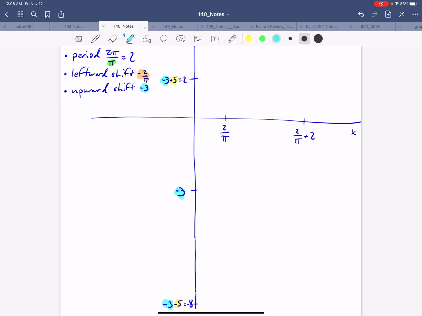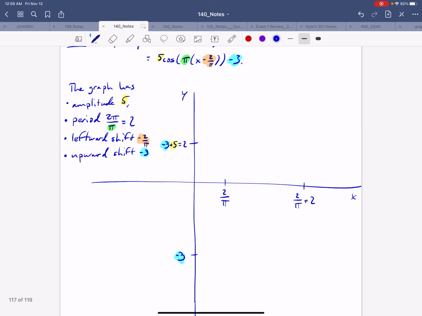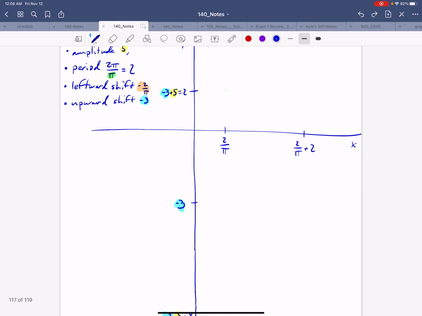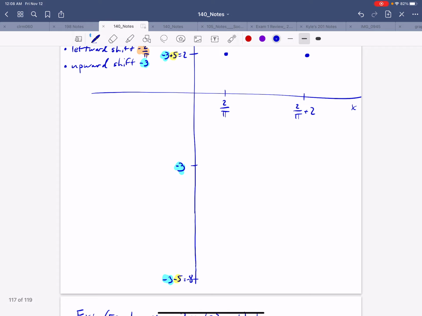So why does this matter? Well, because now when we want to graph cosine, remember the general graph of cosine looks like this, right? That's the basic gist of it. But since we're shifted, I guess we're starting here, we're ending here. And it's a pretty steep decline.